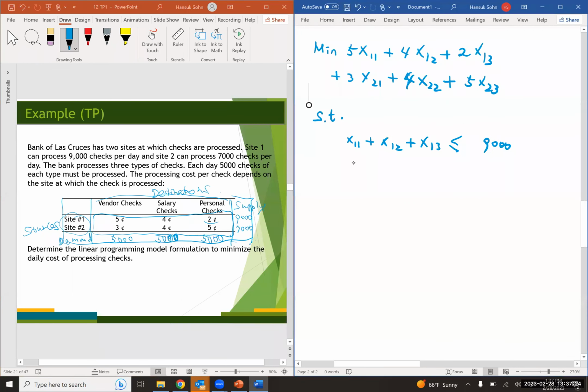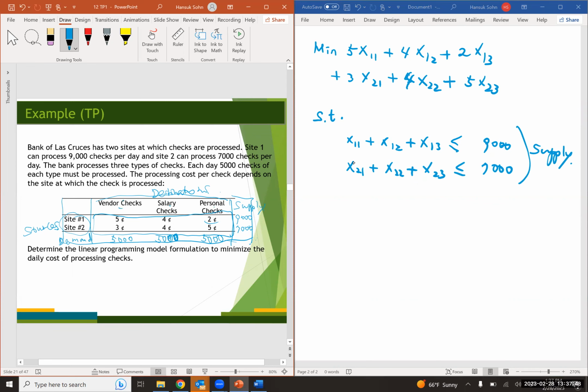And our second supply constraint would be X21, X22, X23 has to be less than or equal to 7,000. So our supply constraint has been done, right? Now we need to consider the demand constraint, 1 for each column, right? 1 for each type of check. So our first demand constraint would be X11 plus X21, right?